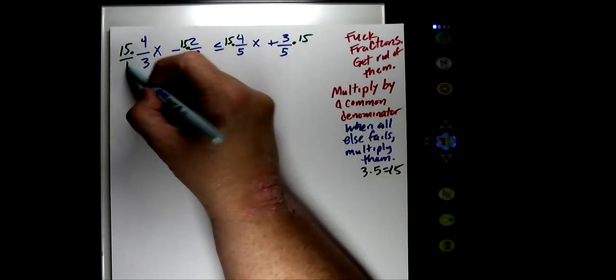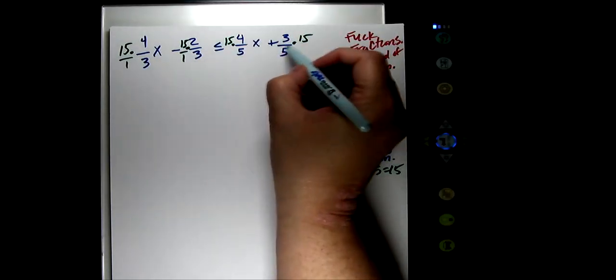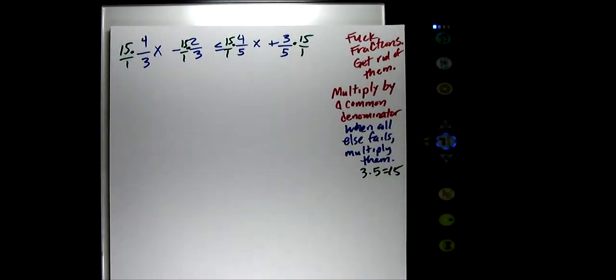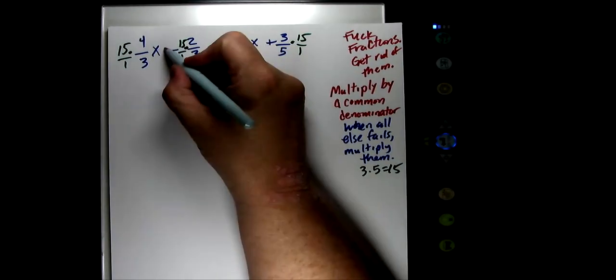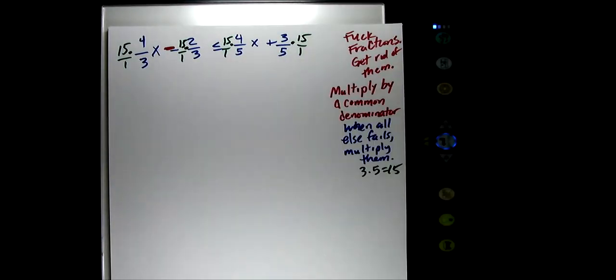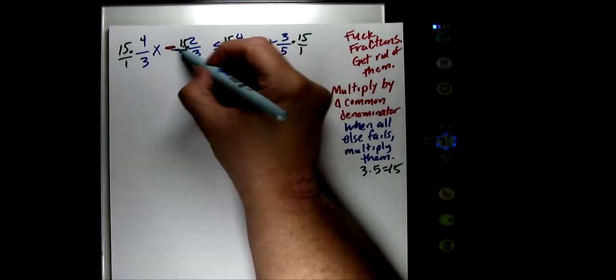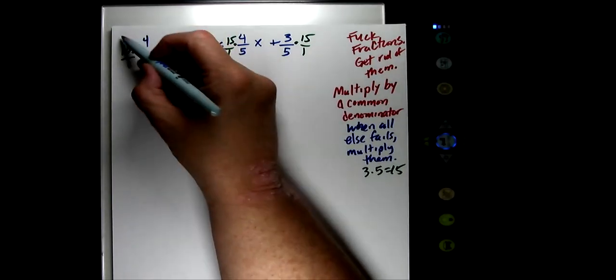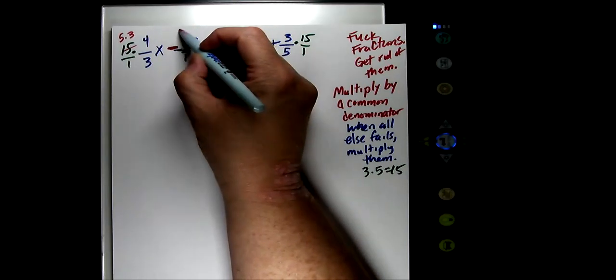And if it helps, I can make it 15/1. And I'm gonna put that minus sign right there so it shows up a little bit better, because that's starting to look like a fraction. Okay, instead of putting 15, you can actually put 5 times 3 on each spot, and it might be easier.